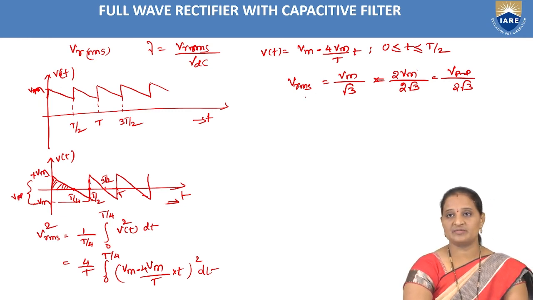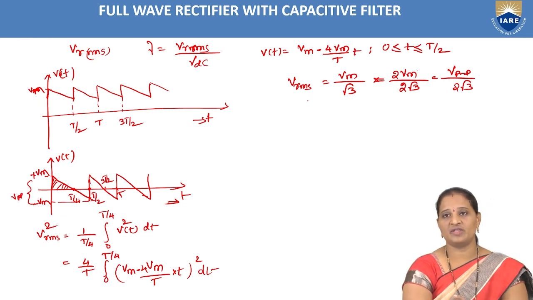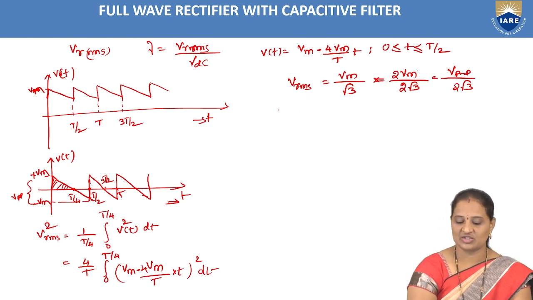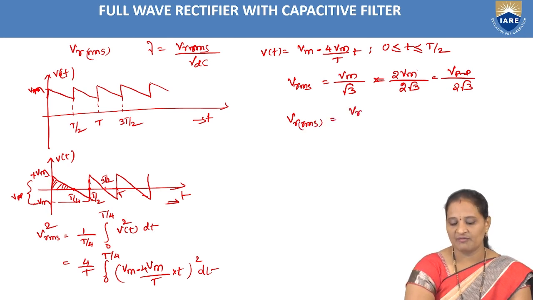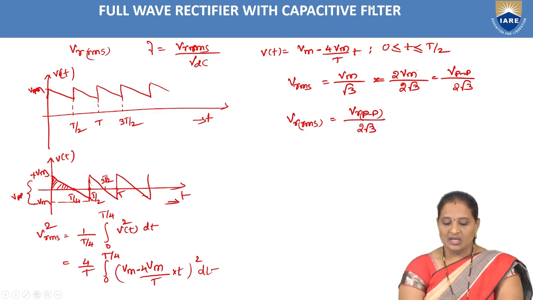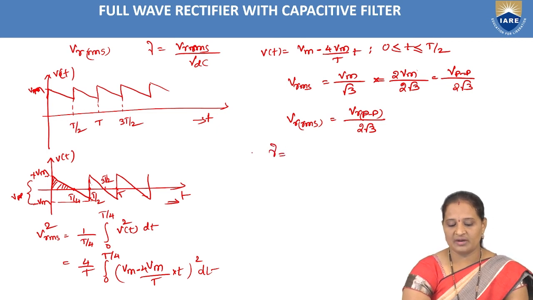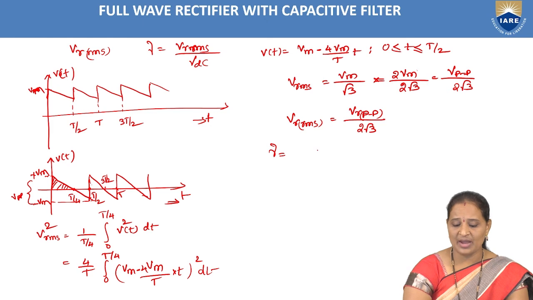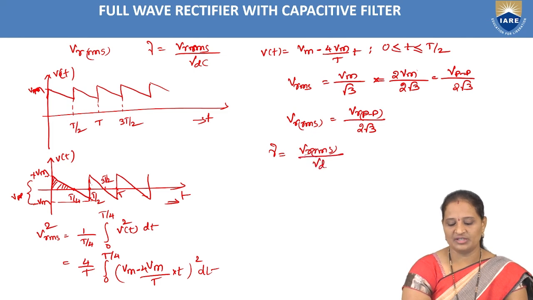Now let us approximate this with the ripple voltage of the full wave rectifier with capacitive filter. So the RMS value of the ripple voltage will be given by VR peak to peak divided by 2 into root 3. Now we know the formula for ripple factor: gamma is equal to VR RMS divided by VDC.